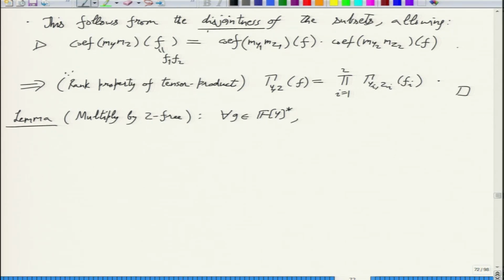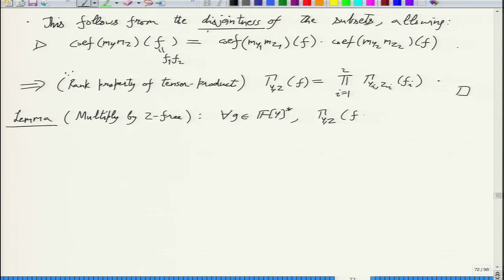Okay, so remember that the measure is defined with respect to y in the row, z variables in the column. So if you have a polynomial that is z free, then the measure for it is just a single column, right? So if you multiply by such a polynomial, then what happens? If you multiply f, which is an arbitrary multilinear polynomial, by g and then look at the measure, yeah, it doesn't change. That's the claim.